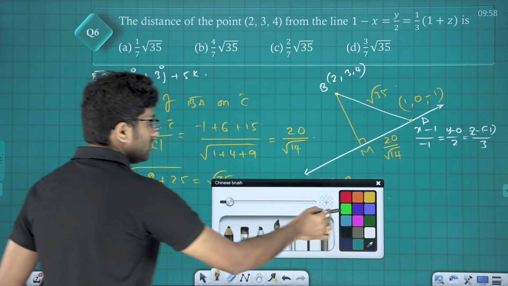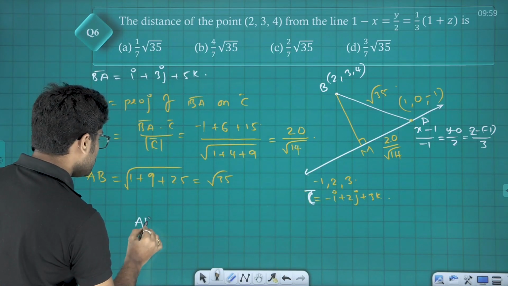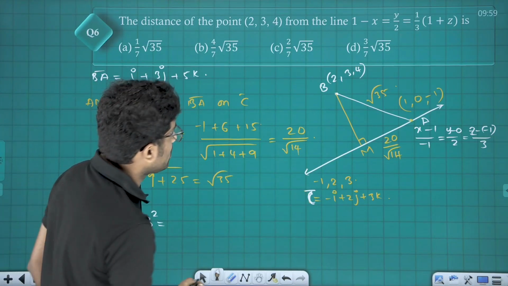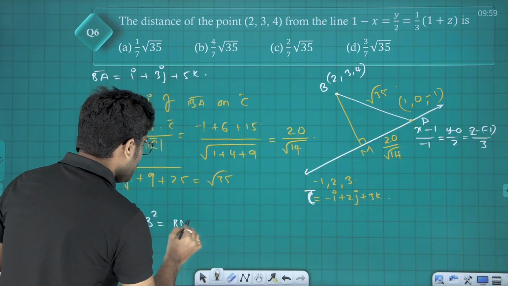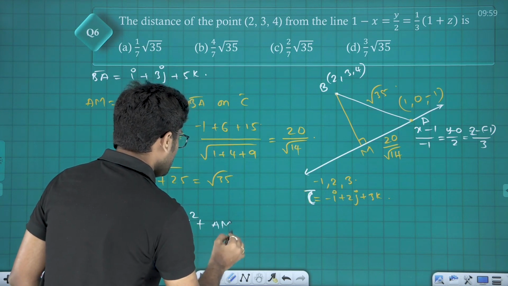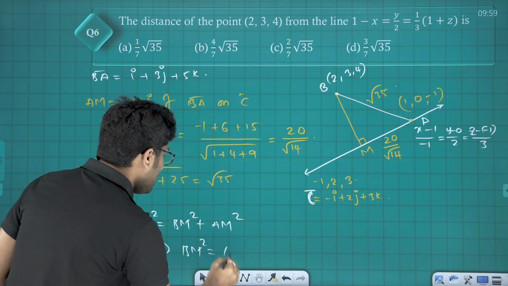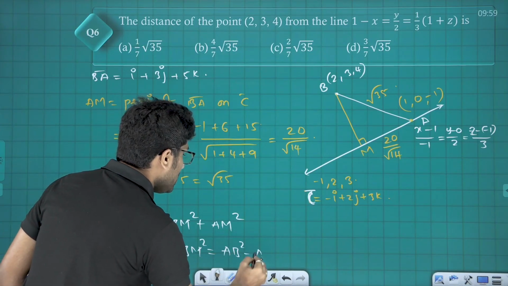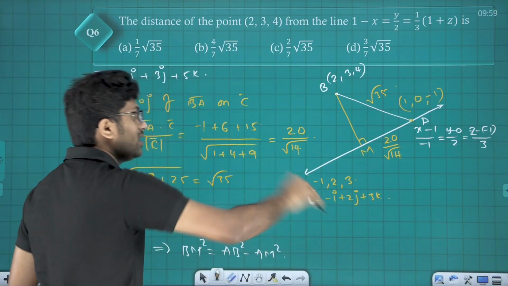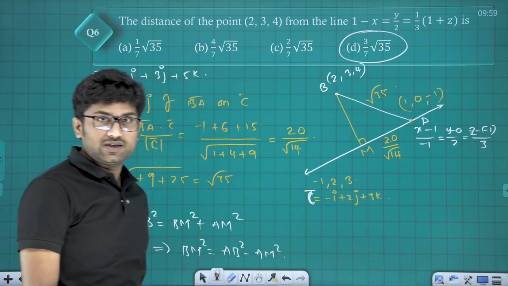So from this right angle triangle, AB square is equal to BM square plus AM square. From here we get BM square is equal to AB square minus AM square. So from here we get the value of BM, it will be equal to 3 by 7 times root 35, friends.